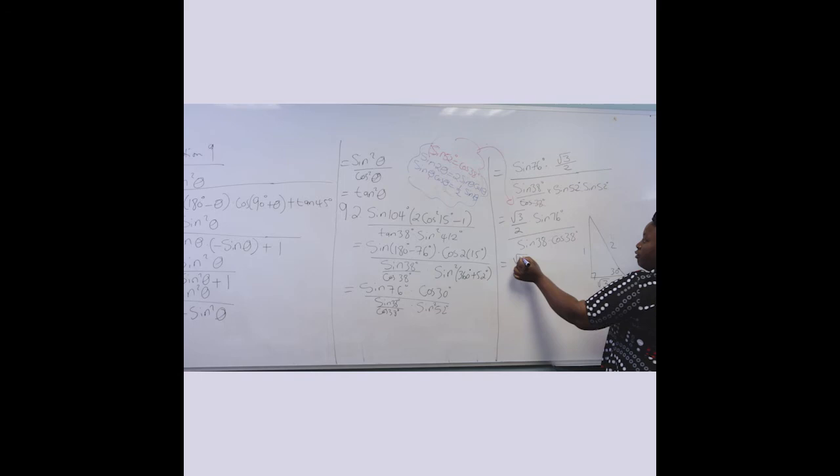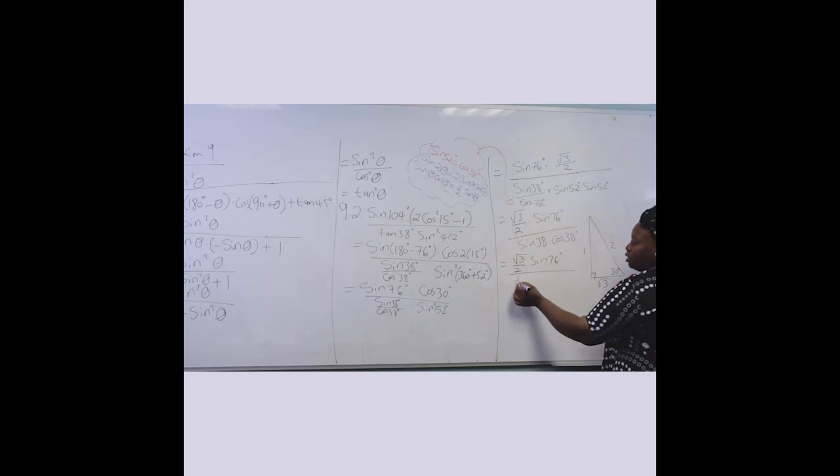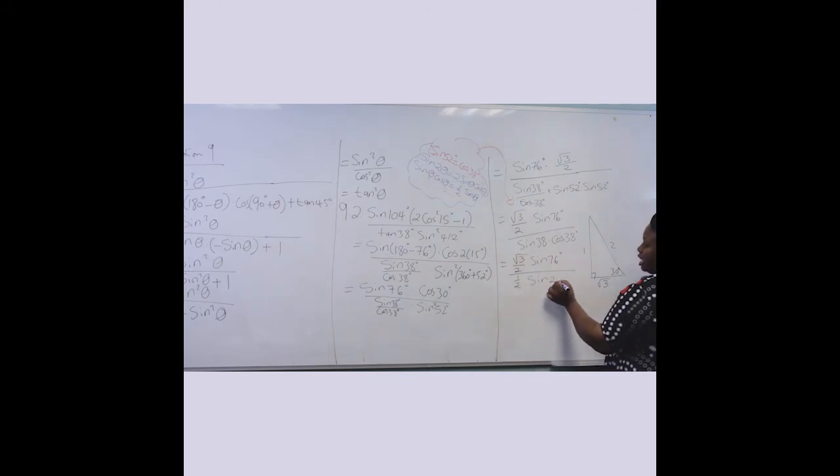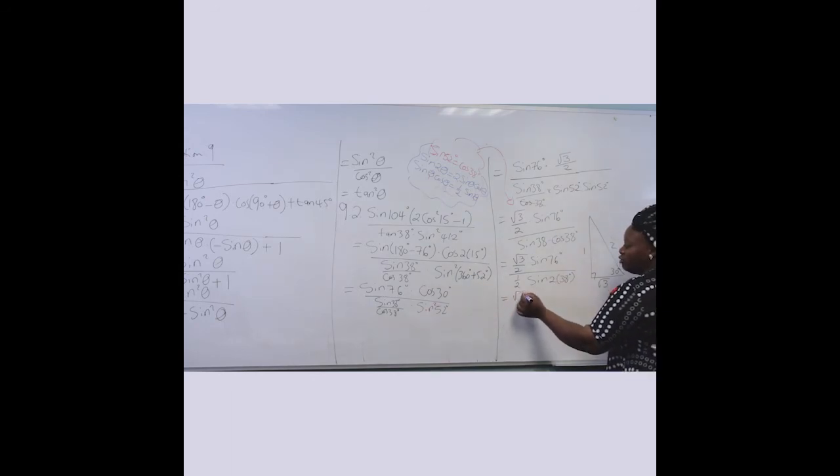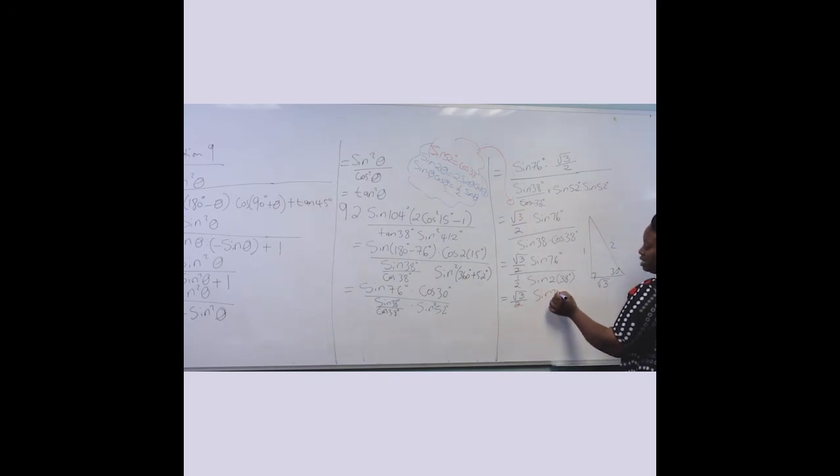It is the square root of 3 divided by 2 times sine of 76, divided by 1 over 2 sine of 2 times 38. Okay, folks. Now what is 2 times 38? 2 times 38 is 76. So I can change this now to have the square root of 3 divided by 2 times sine 76, all divided by half sine of 76.